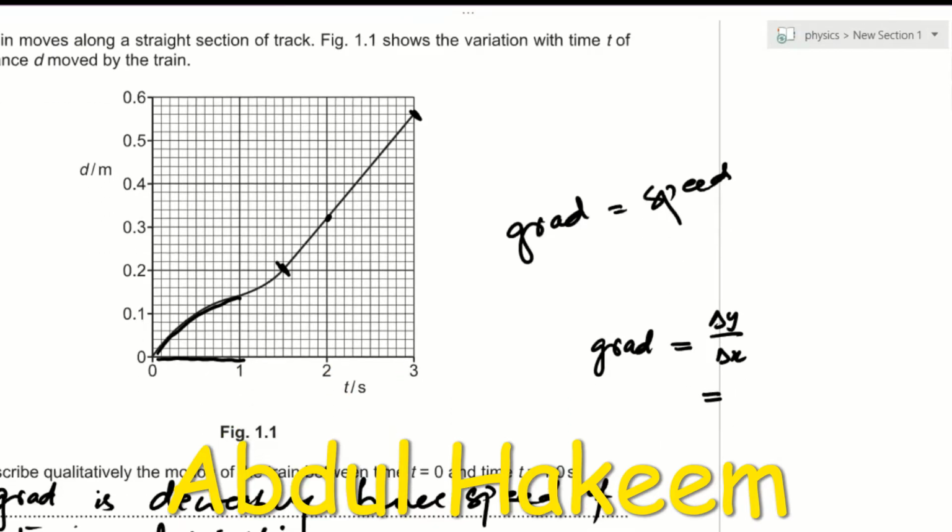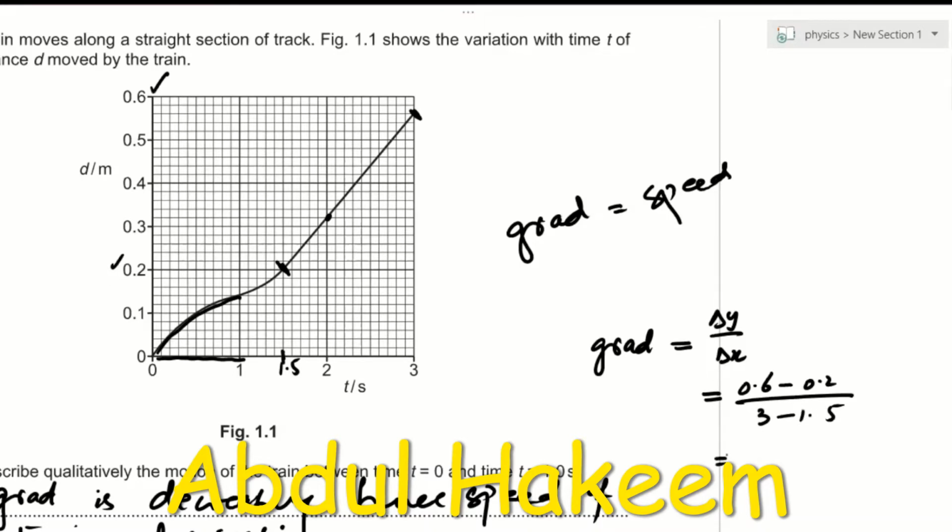The y-axis goes from 0.2 to 0.6, so 0.6 minus 0.2, divided by the difference in the x-axis, 3 minus 1.5.